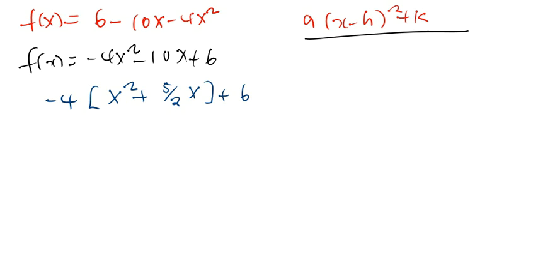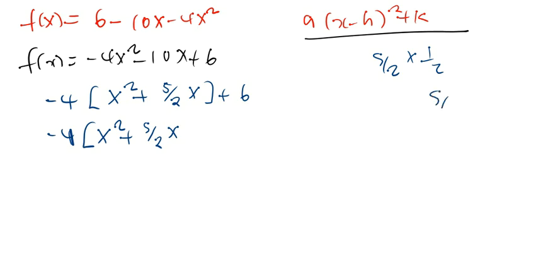Let's continue. Time is not with us. So this is the completing square method that I'm using right now, and I know you guys are familiar with it. Negative 4, unless you don't know what I'm doing. So what we actually do, here I'm supposed to do 5 over 2 times half, which is going to be 5 over 4. So it will be plus 5 over 4. Because this is positive, inside here is also positive.